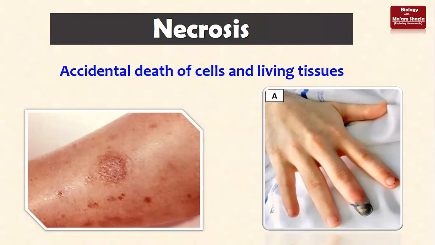This brown scar is showing you the necrotic tissue, right? This necrotic tissue is because of the poison of a poisonous spider bite, and this is showing you the necrosis of a tissue, right?